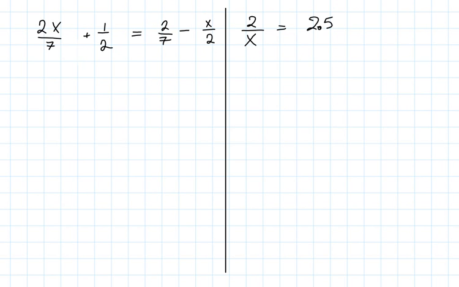So the easiest way to do this work, instead of adding, subtracting, multiplying, and dividing fractions, is to multiply by the lowest common denominator, or a common denominator. So the easiest thing to do is multiply each term by the lowest common denominator.